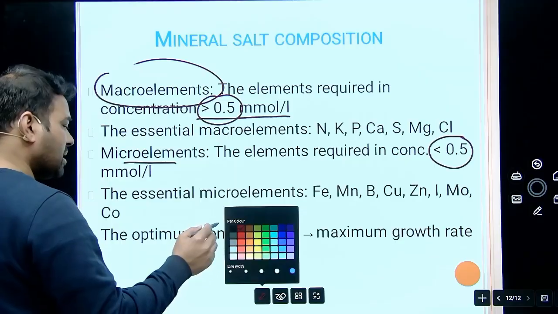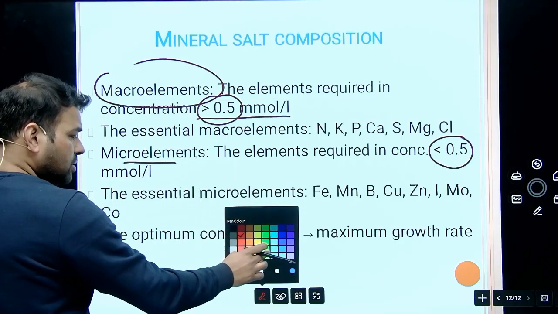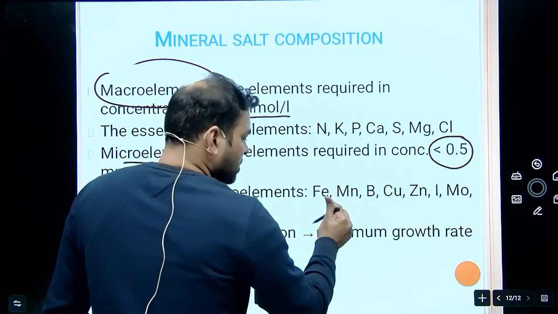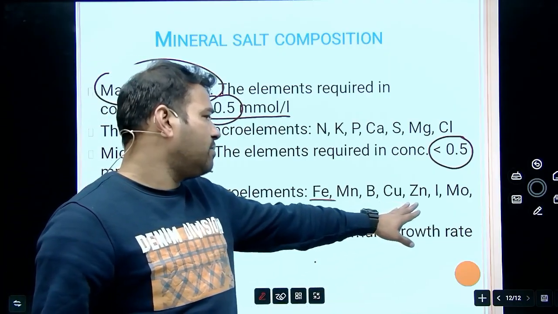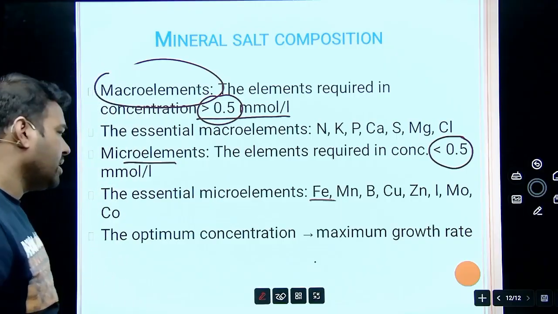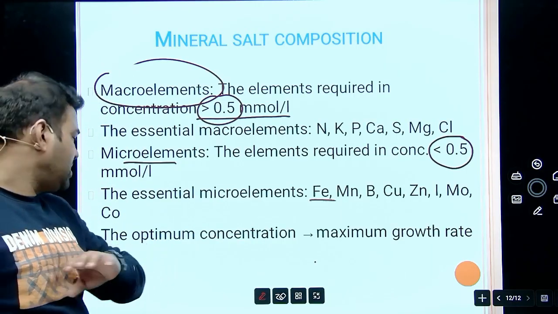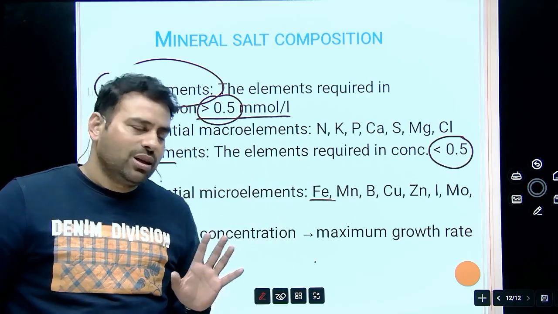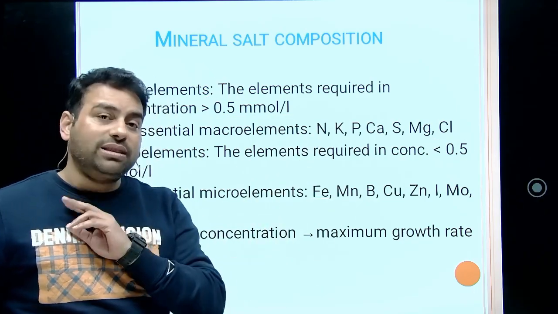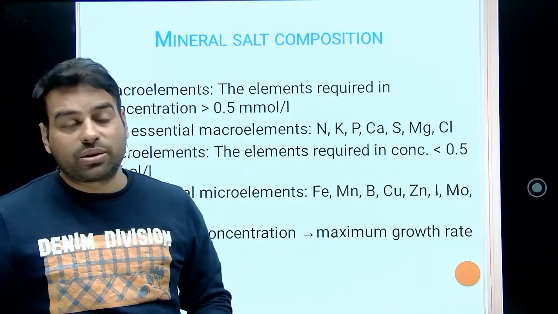These elements are ferrous, manganese, boron, cobalt, copper, zinc, molybdenum, iodine. And maximum growth rate means the optimum concentration of these elements. If we are using the optimum concentration of these elements, we will get the maximum growth rate of our plant.